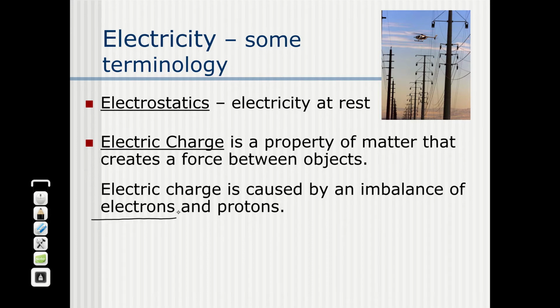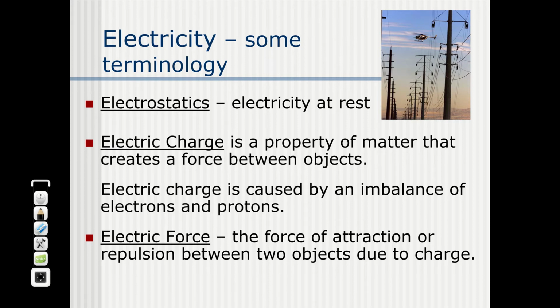Again, going back to our ionic compounds and things like that, this is where electrons are gained and lost, and we form positive and negative charges. Then, as the prior definition basically says, when we have these electric charges, it creates an electric force. This is an attraction or repulsion between the two objects. This is what makes things actually repel and attract.